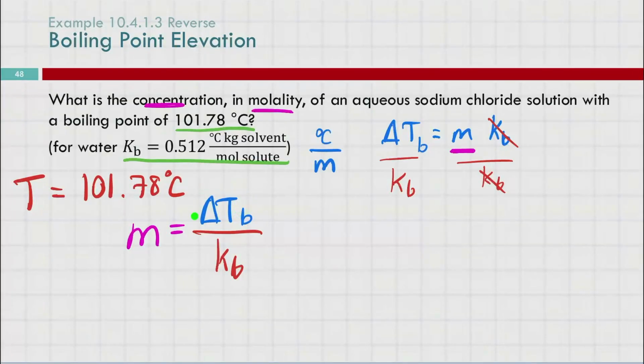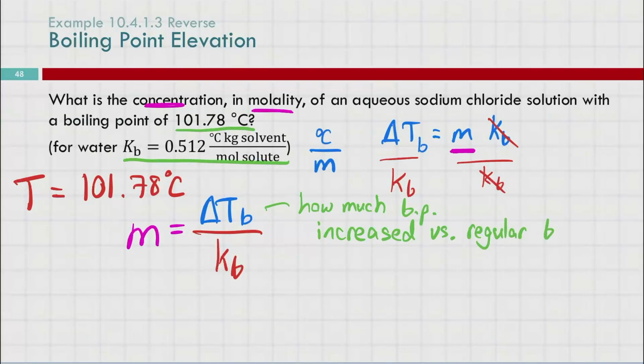Our delta Tb is our change in our boiling point, so how much our boiling point increased versus the regular boiling point. And we have the value of our new boiling point.